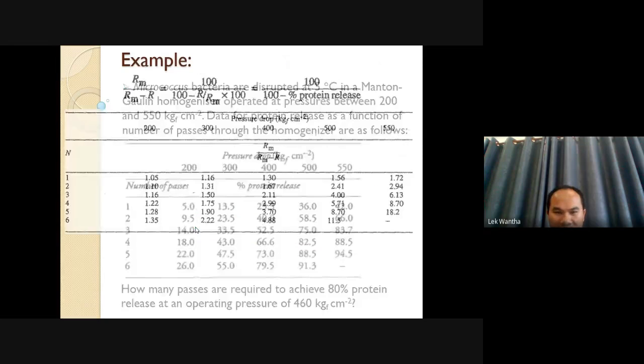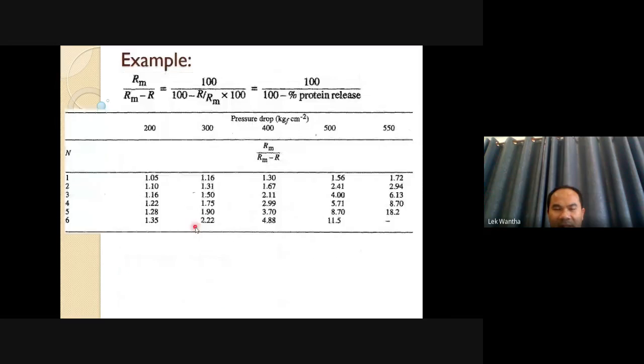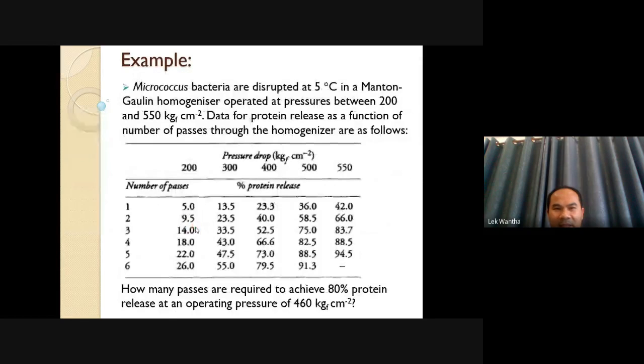This is maybe the last example. In this case, Micrococcus bacteria are disrupted at 5 degrees Celsius in a homogenizer. The pressure operates at 200 to 550 kilograms per square centimeter, which is the limit of the pressure.